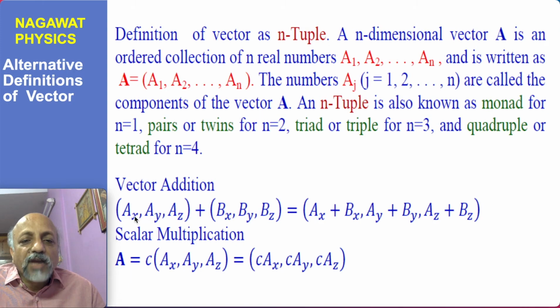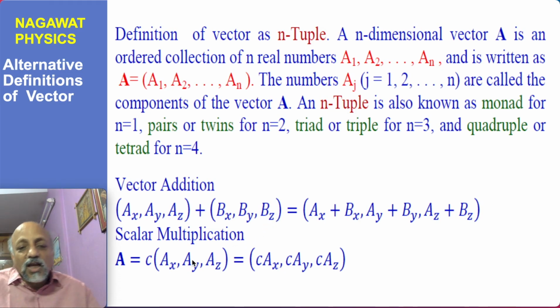Explaining in terms of a triad, vector A can be described by an n-tuple like this: (ax, ay, az) within the bracket, and another vector B as (bx, by, bz) within the bracket. If you have to add, the same algebra would be applicable: the x component will be added, so the new x component will be ax plus bx, the new y component will be ay plus by, and az plus bz, which gives the result of adding two vectors.